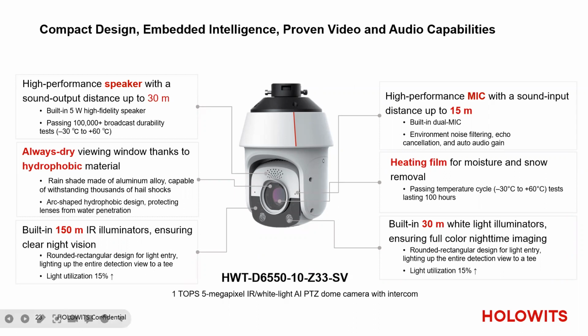It has a built-in high-performance speaker and high-performance mic to support intercom, and uses hydrophobic material and heating film to keep dry. And the last, it has built-in IR and white light illuminators to keep a great image quality.